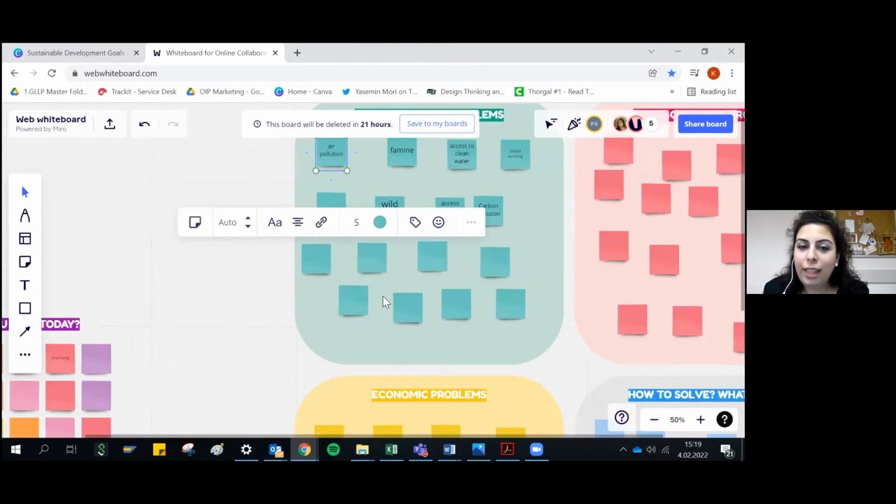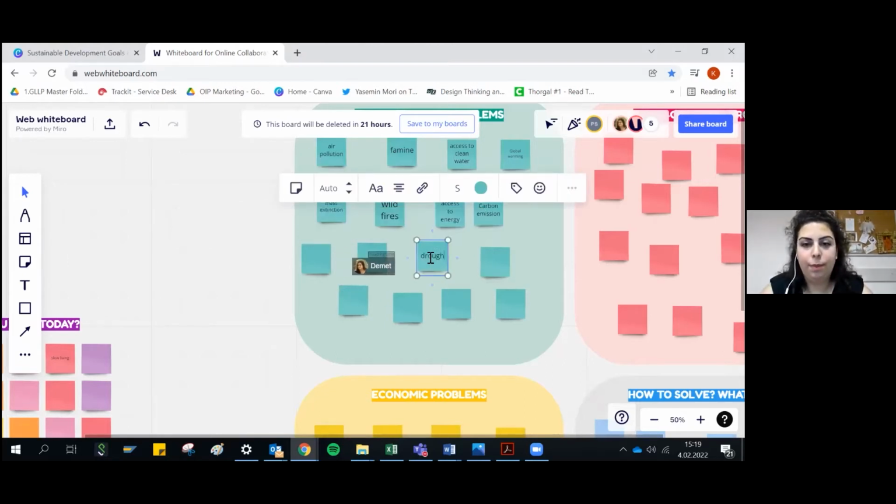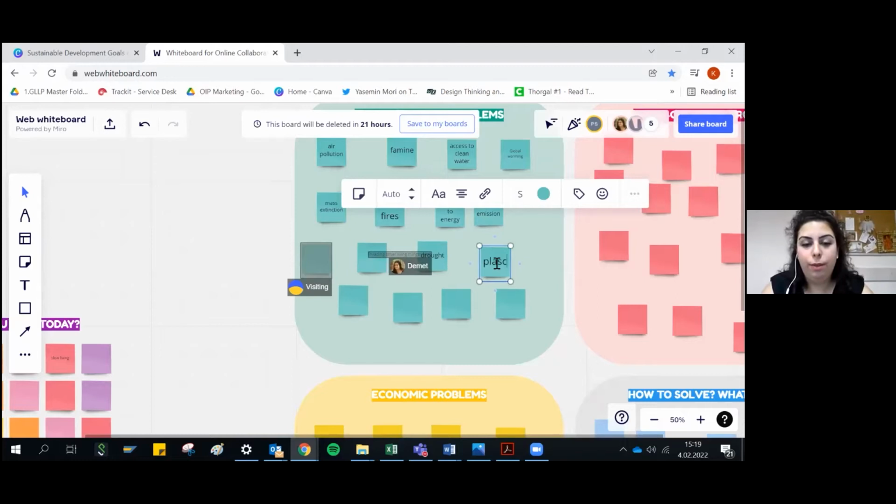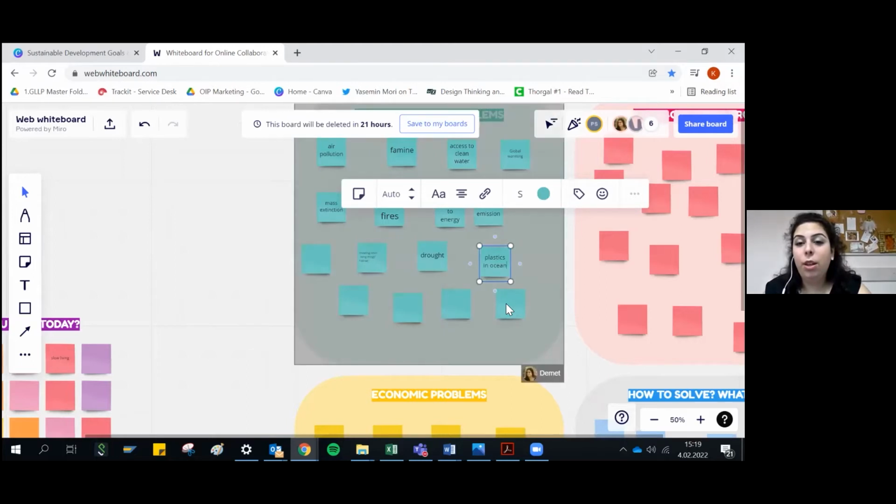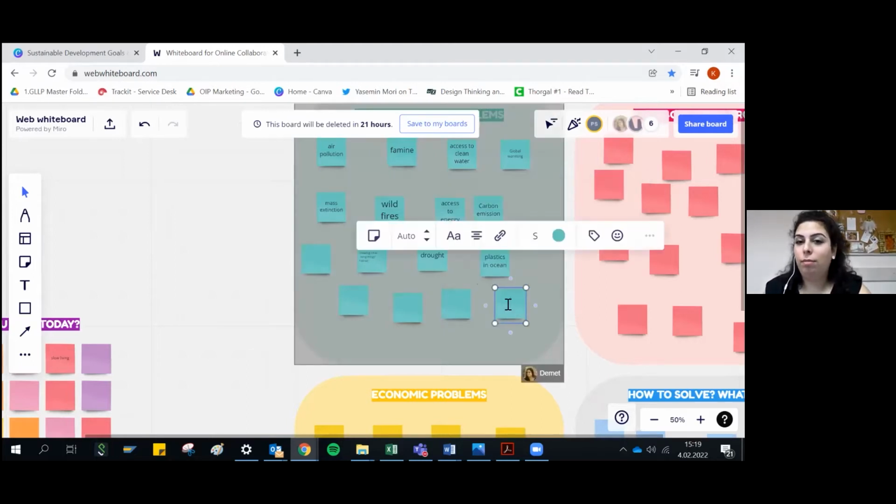Any other thing you would like to add? Plastics in ocean. Yes. Microplastics, right? Since we're talking about oceans, maybe we can talk about other things in the oceans. I don't know.